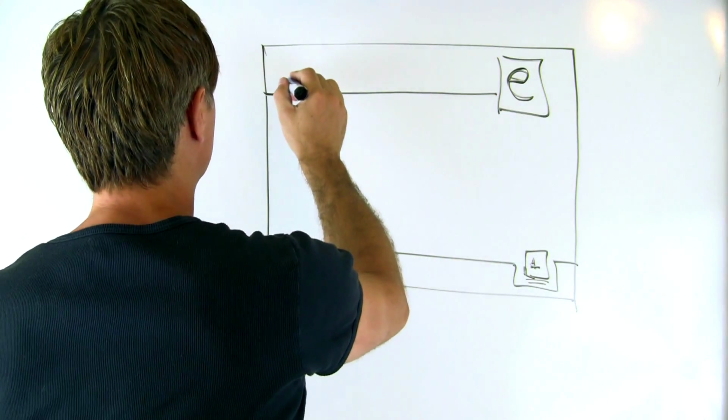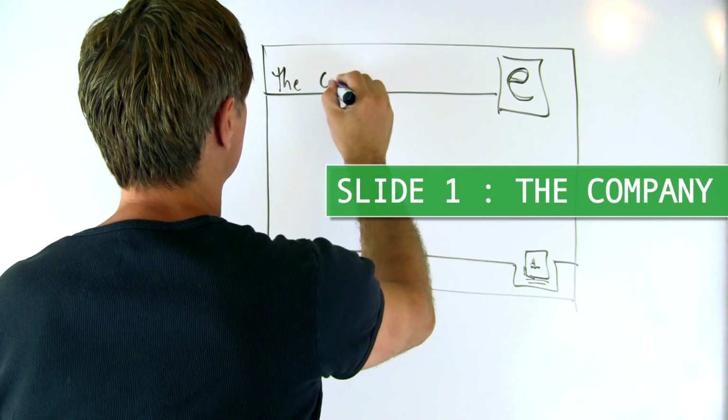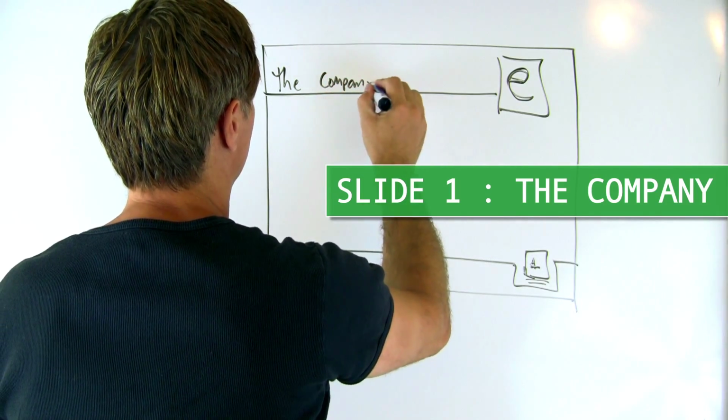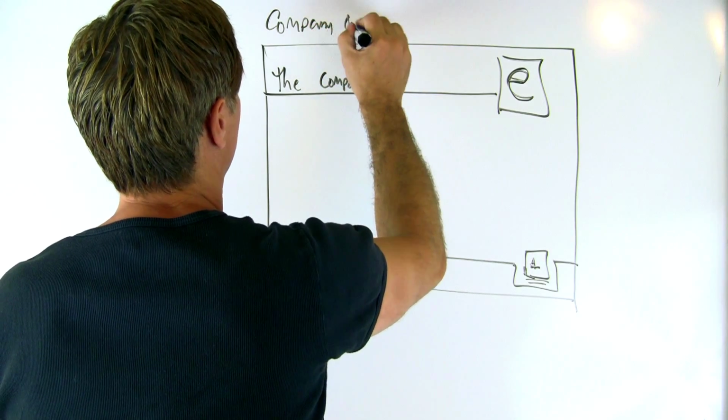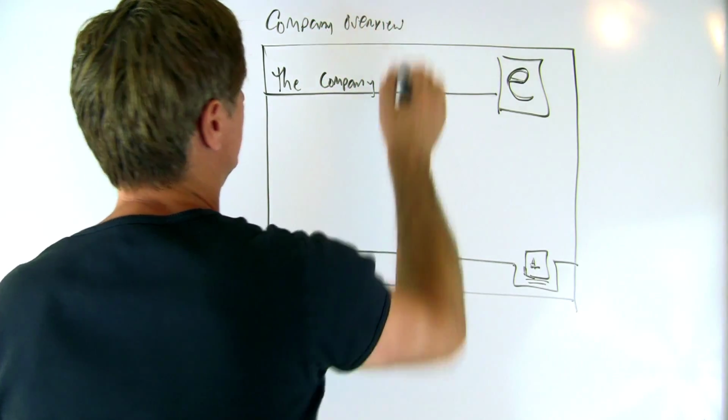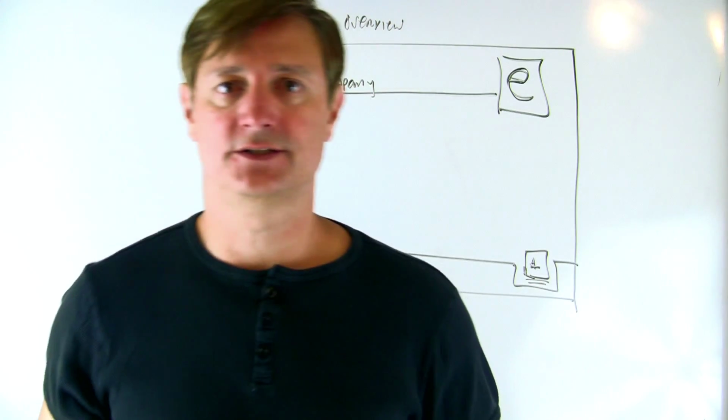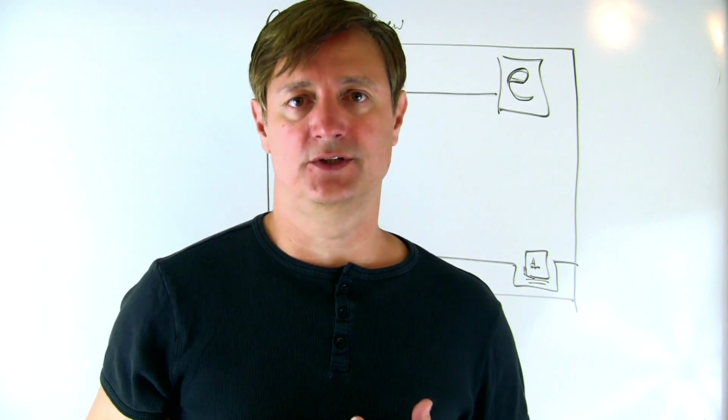And then you're going to call this either the company, or you're going to call it a separate company overview. Like I said previously, this slide could actually serve two functions, and you can do it two different ways.